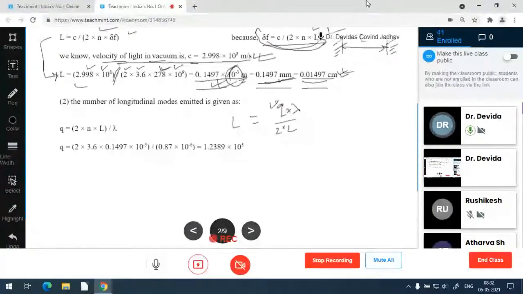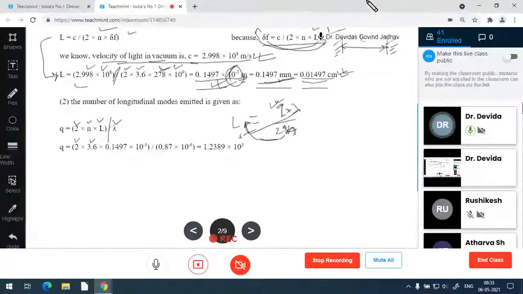So we have to calculate Q. We will take 2N to this side: 2N goes into the numerator and lambda goes into the denominator. So 2NL divided by lambda. So substitution: Q is equal to 2 multiplied by N, which is 3.6, multiplied by L.